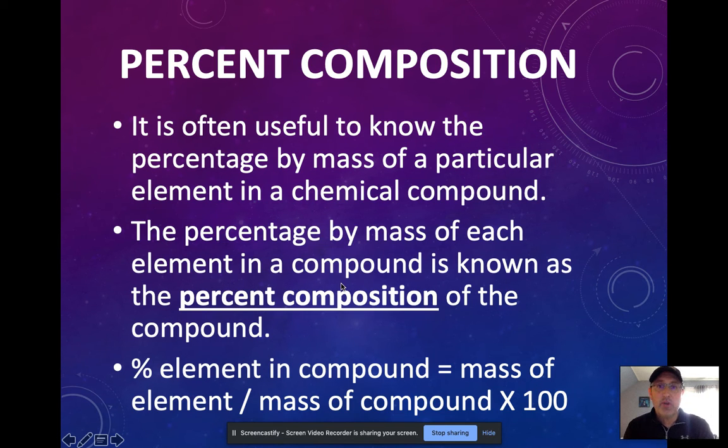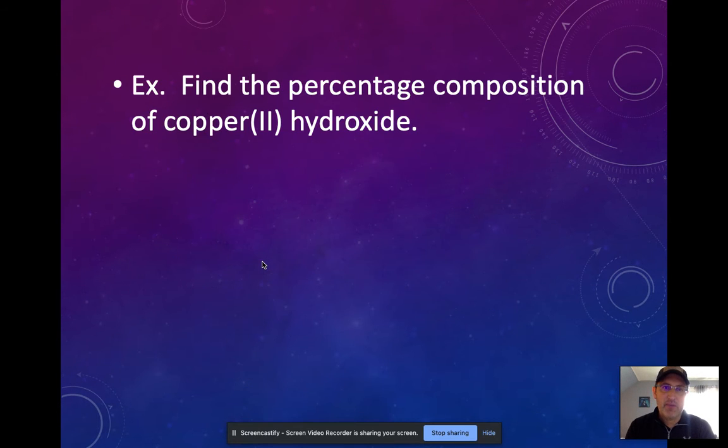Sometimes you're asked for all of the elements, and sometimes for just one particular element. Lastly, we're going to do what's called a recovery problem, which uses a percentage that you find of a particular element. So let's get into our first sample problem.